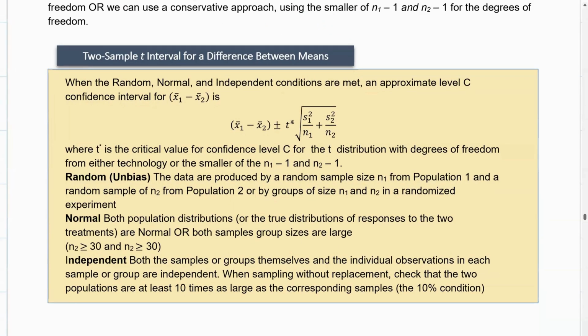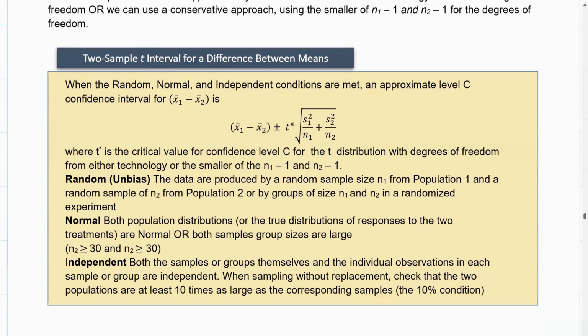Our general formula for this confidence interval is the difference in the sample means plus or minus the margin of error, which is made up of two items: a t star value based on the confidence level, and then the standard error of the difference of means as discussed above.